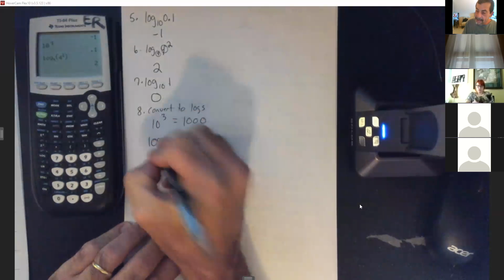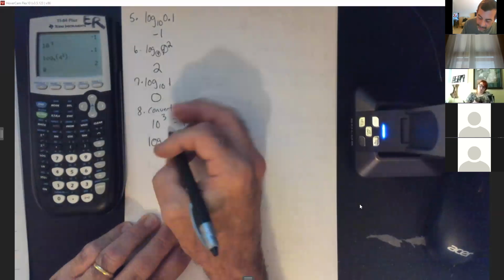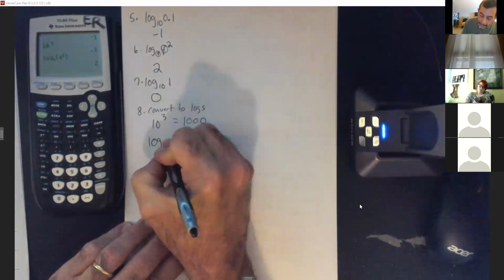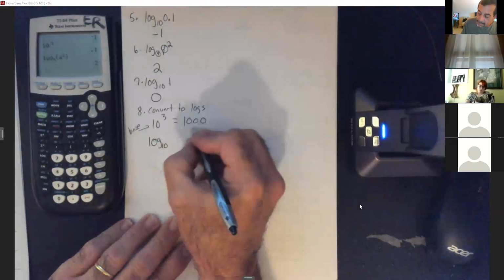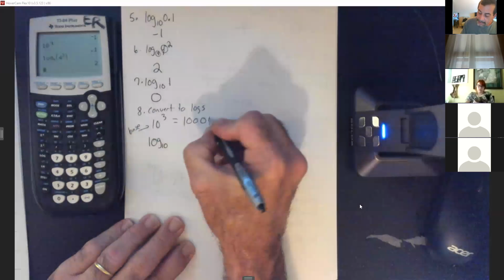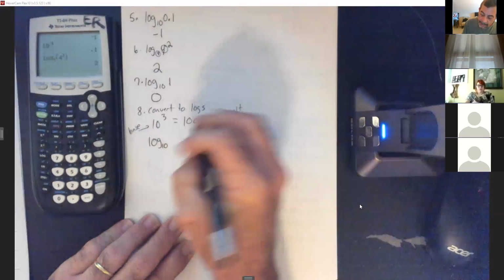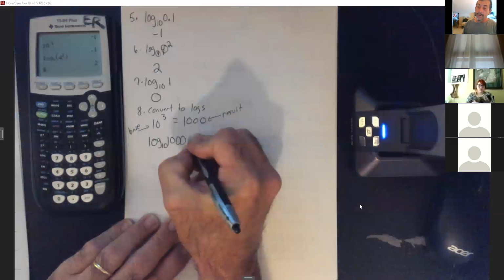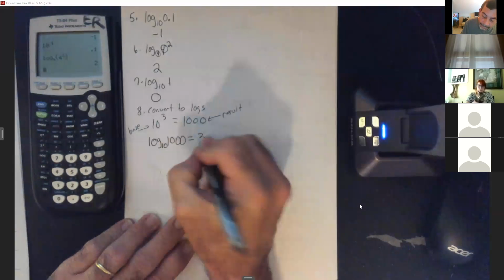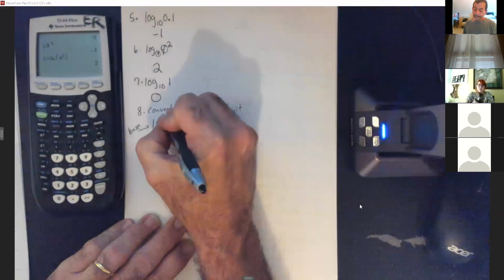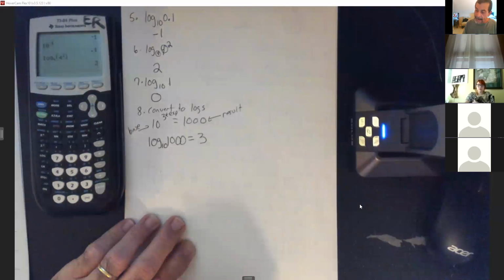My base is the 10. The result is that 1,000, so that's going to go next. That's going to equal the exponent of 3. Okay, so that's all we're doing on that. Rewrite it and be done.